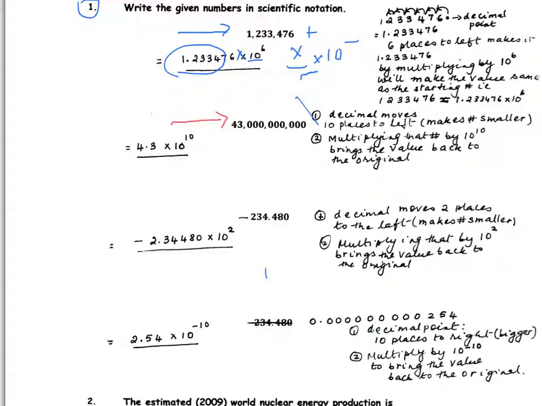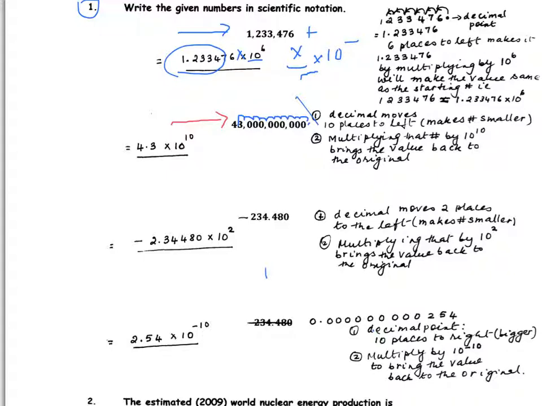43 followed by 9 zeros. So we don't see a decimal point anywhere, so we can assume that the decimal point is at the end. Now we keep moving the decimal point to the left until we reach a number that is between 1 and 10.